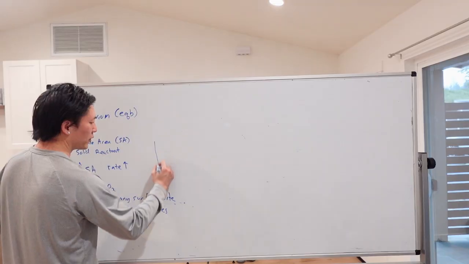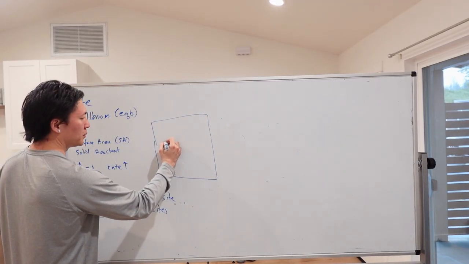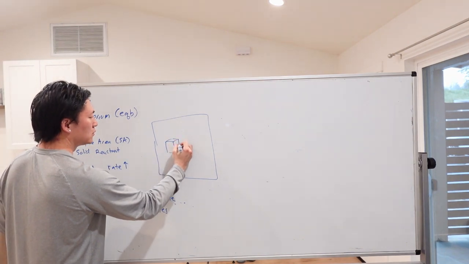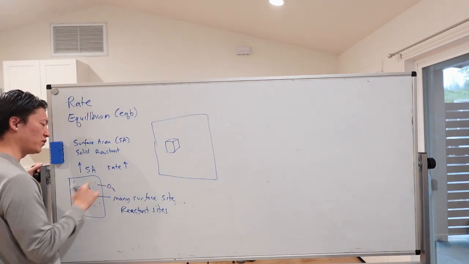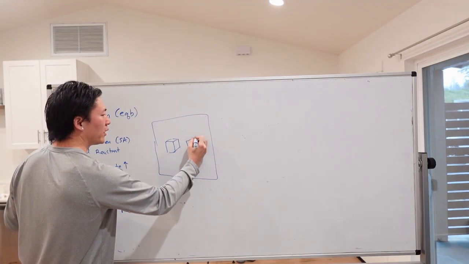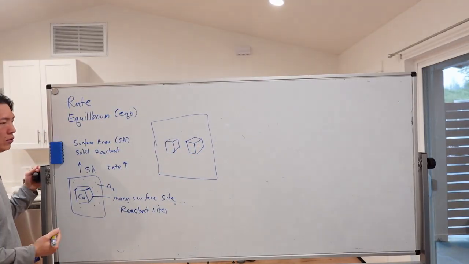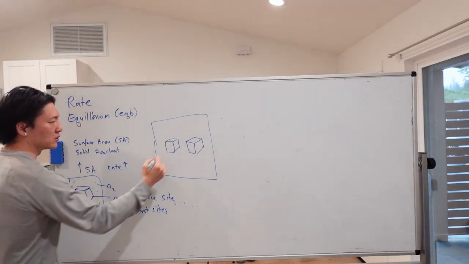So for example, now in this container, we're going to cut this piece of calcium into 2 blocks. It's the same amount of calcium, I've just cut this one in half. So now we have 2 pieces of calcium. They have the same mass though.